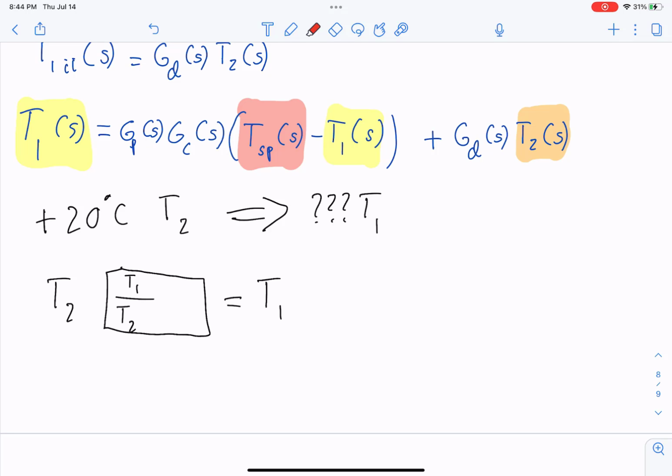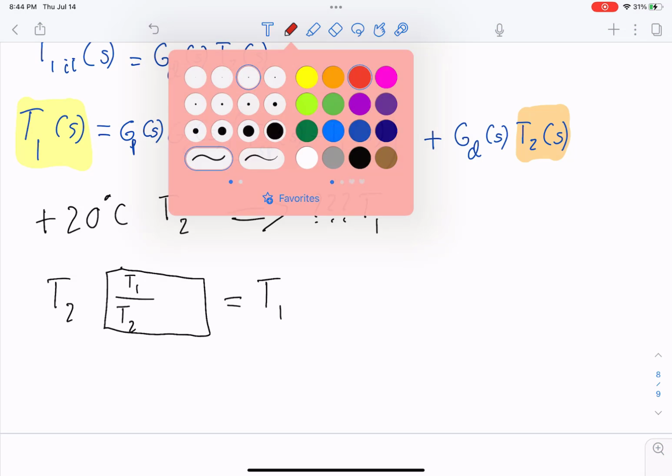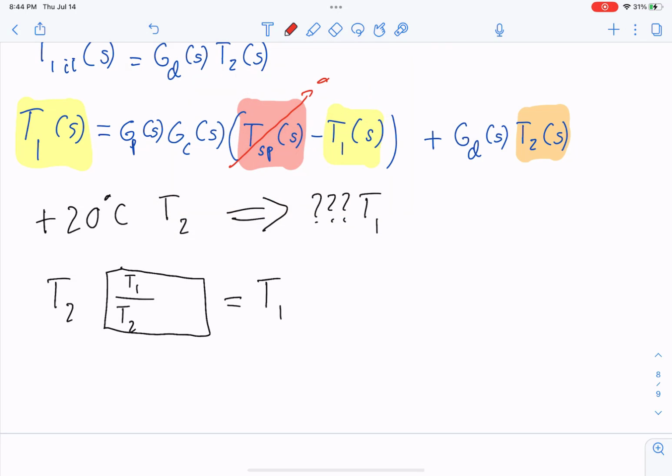We'll assume that there's no change in set point, and so because of that, TSP can go to 0. So that leaves us with GP times GC times negative T1S plus GD times T2.